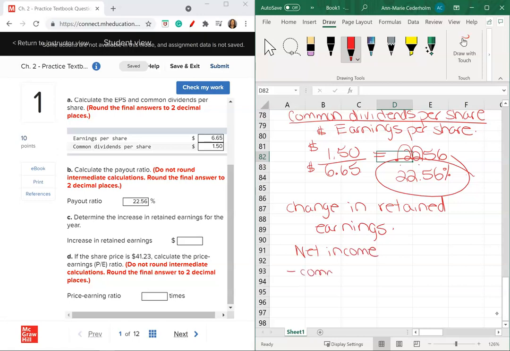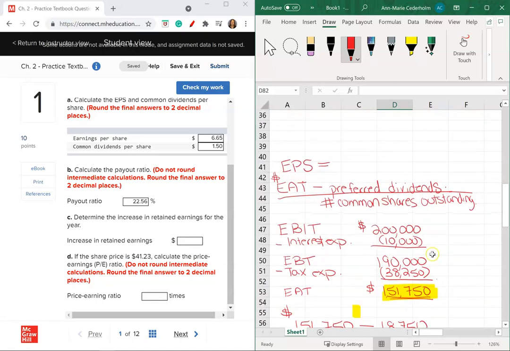So subtract your common dividends and subtract your preferred dividends. The net income from this question, remember we calculated it way up here?